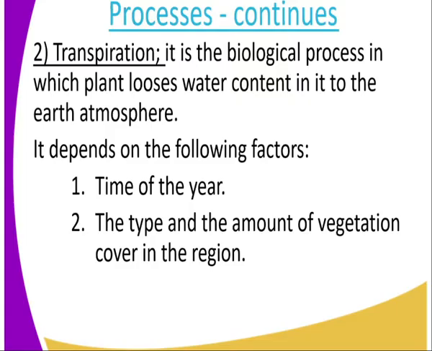The time of the year: in which season are we? During summer, the rate of evaporation and transpiration is very high. And in areas where we have thick vegetation, the rate of transpiration is also high, than in areas where we don't have any plant cover or have minimal plant cover.